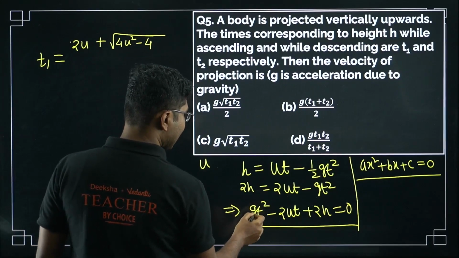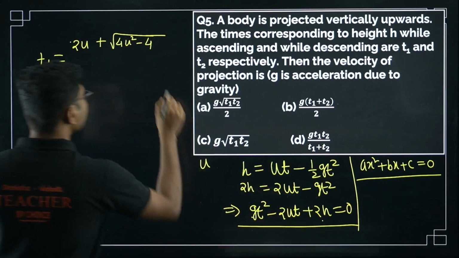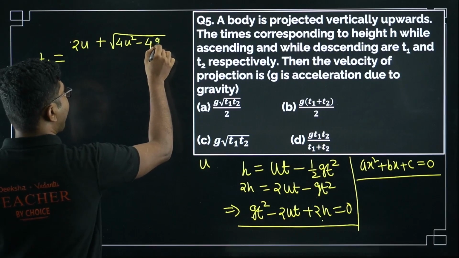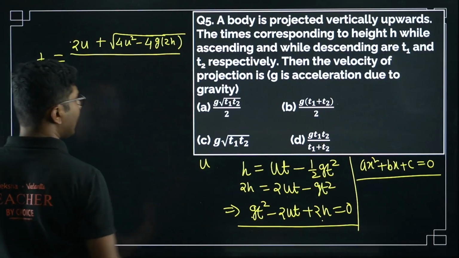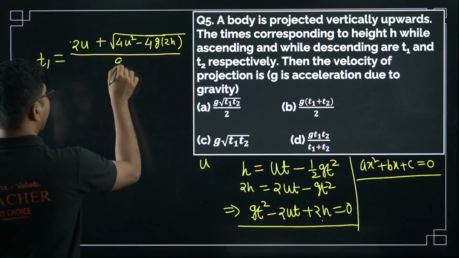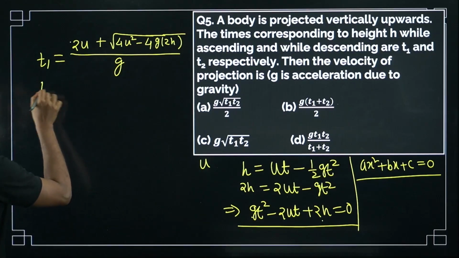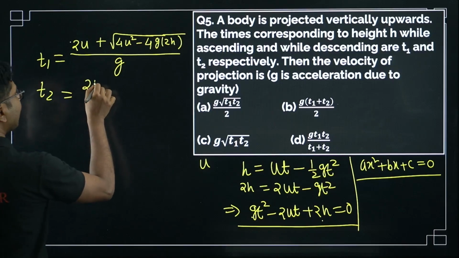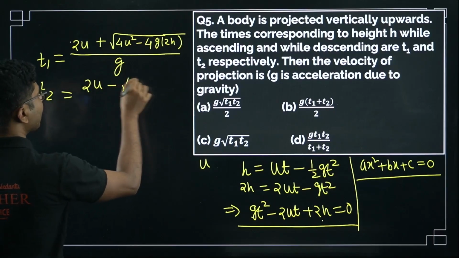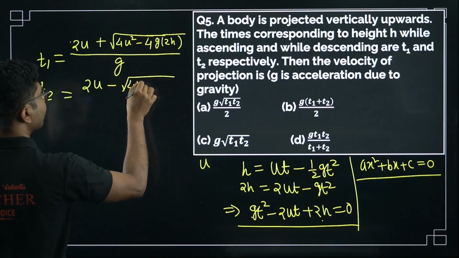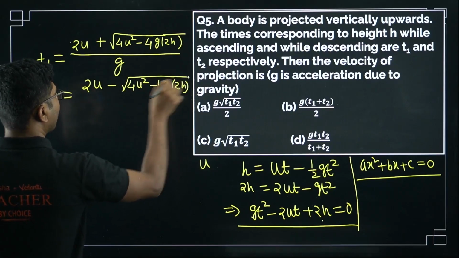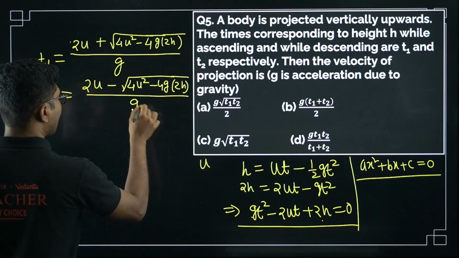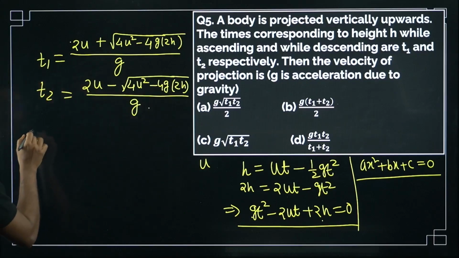Here ac is g into 2h, divided by a, that is g. For t2, everything is the same, only this sign is negative: 4u square minus 4g 2h, divided by g. Now let's add these two roots.